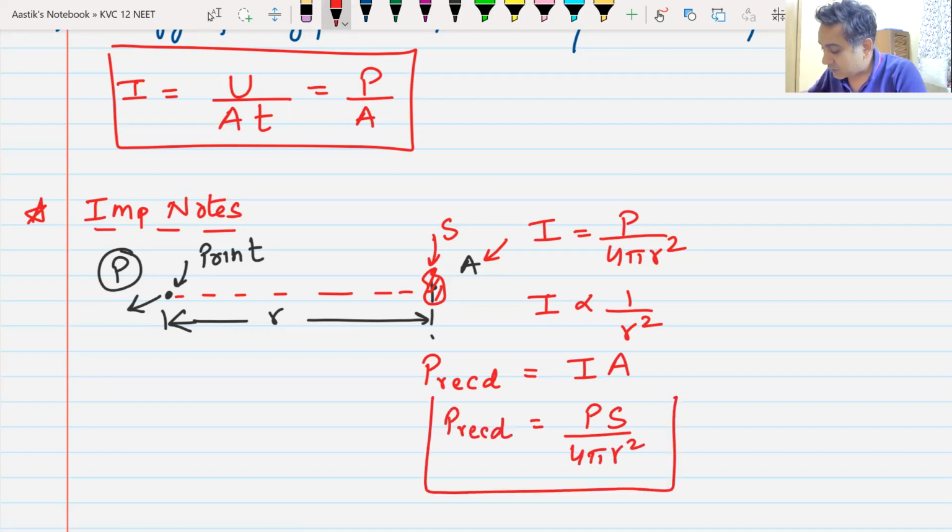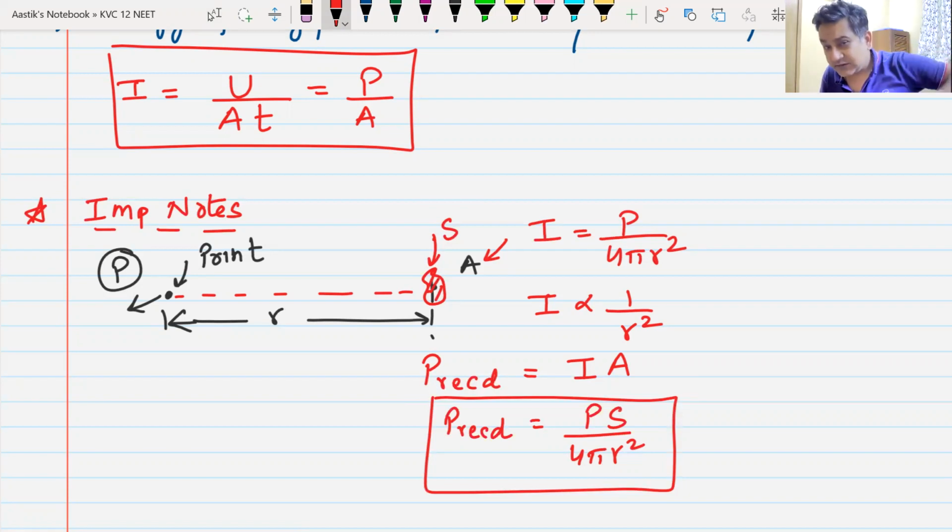P is the power which is emitted by the source. You can take the example of sun and earth. How much power are we receiving from sun? That will be power of sun multiplied by the area of earth, whatever place we are, divided by 4 pi r square, where r is the distance between earth and sun.